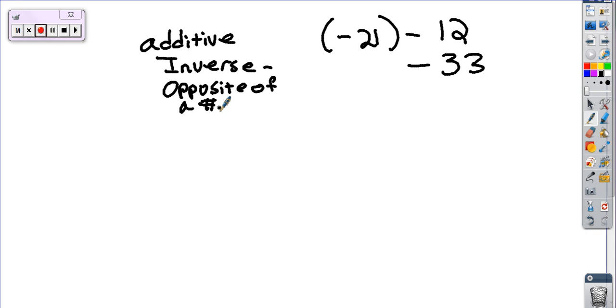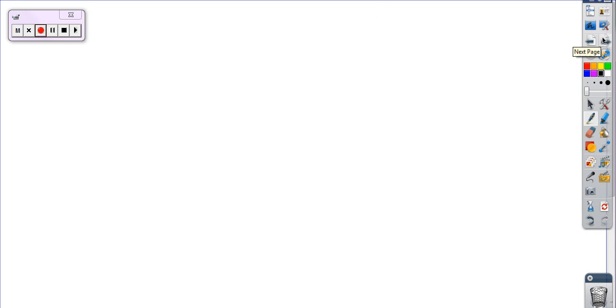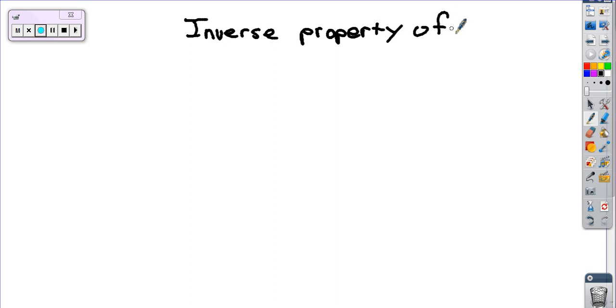So there's two rules, two properties that I want you to write down. Here are your two properties. Here's the inverse property of addition.